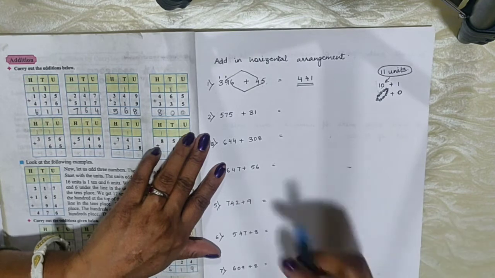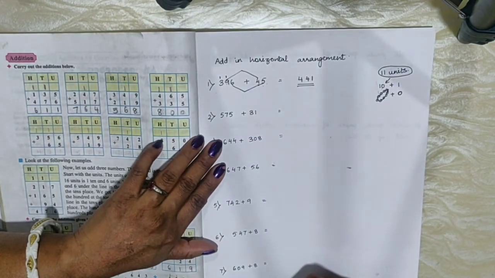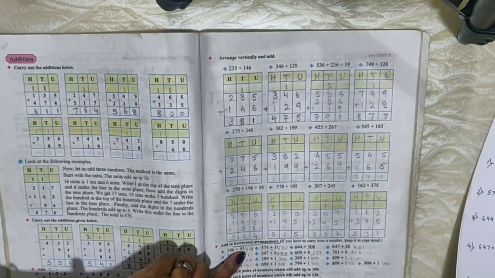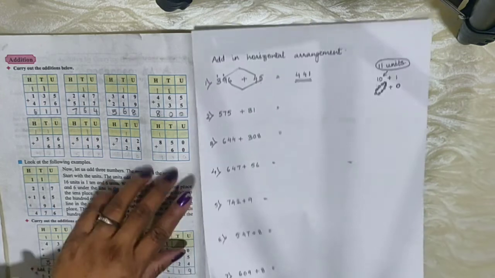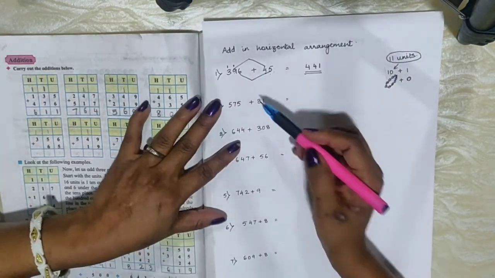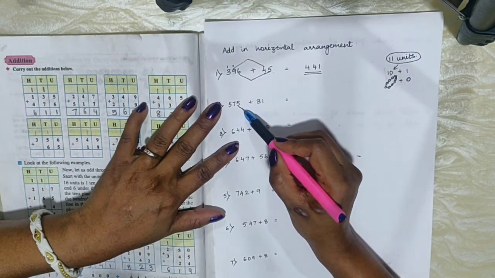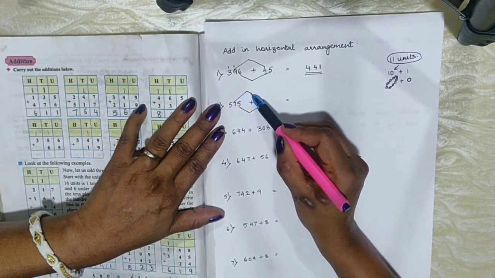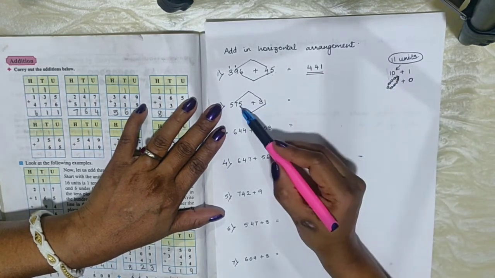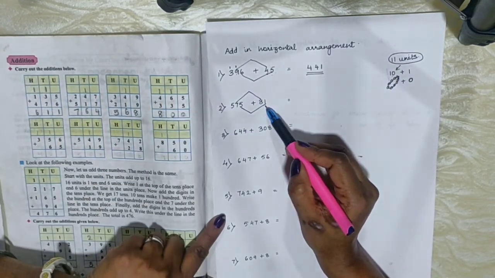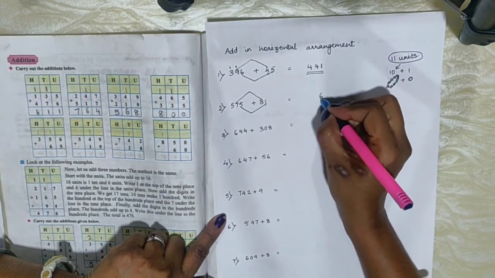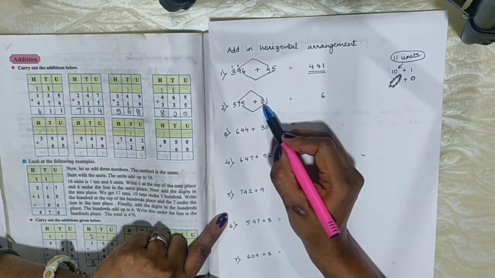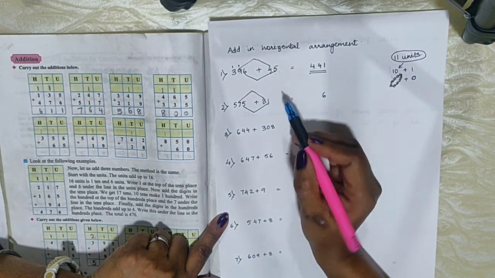Okay children. Now I will show 8 sums, but you are going to do all the 16, 17 sums. So again see, 5 units plus 1 unit is 6 units, and 7 tens plus 3 tens. 7 plus 3 is 10.